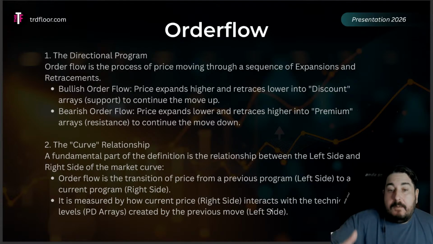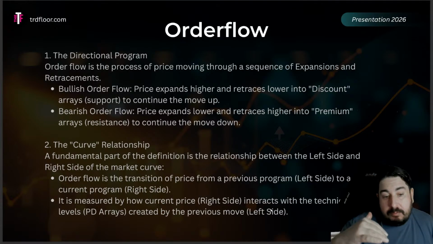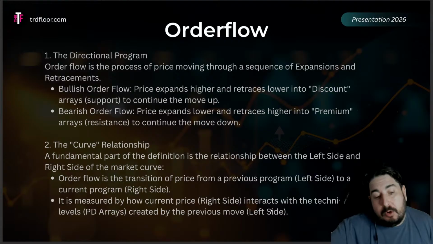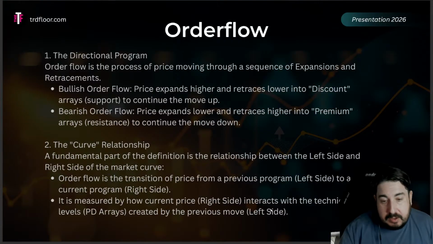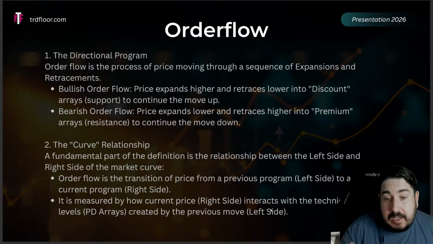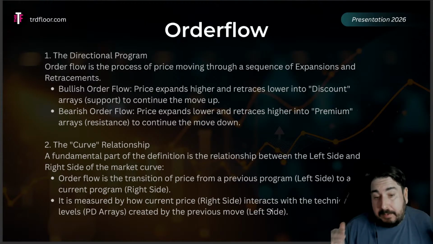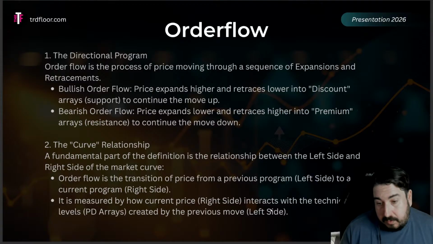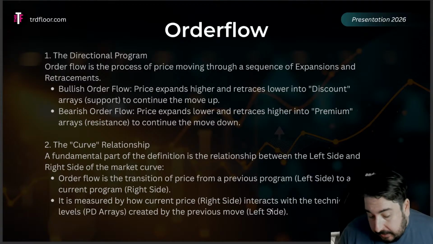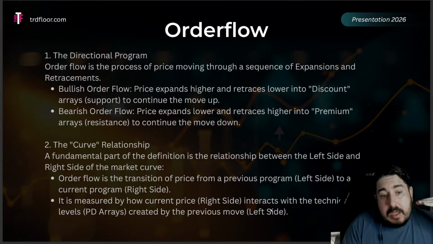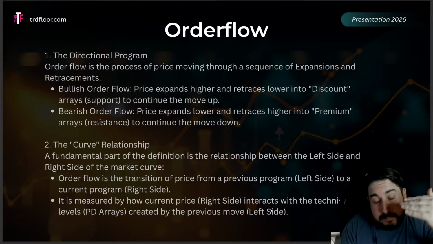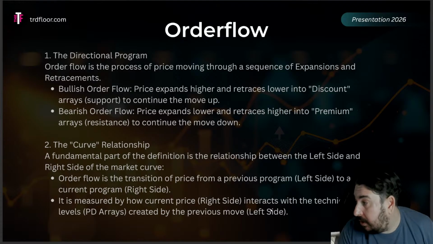It means when a triangle is formed, when a market maker model or a left side of the curve, right side of the curve is formed, is completed, this is a higher time frame break of structure. Okay, it's just a lower time frame break of structure of a higher time frame, but in more detail. Okay.